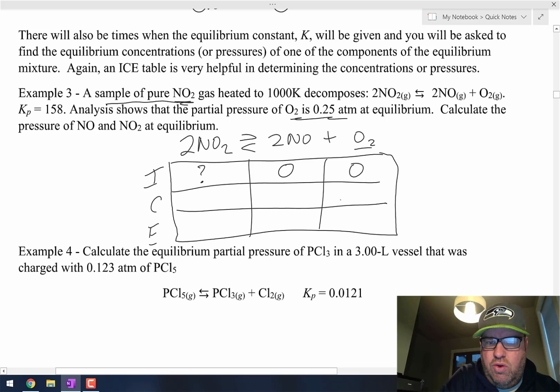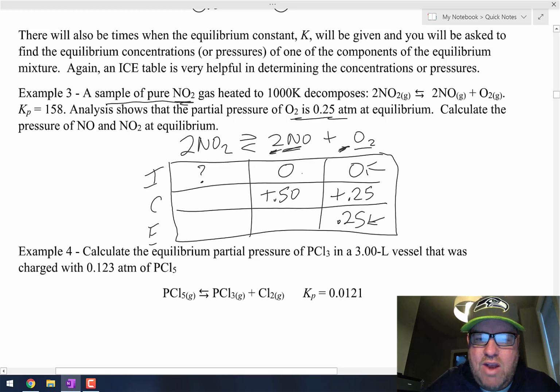So O2 at equilibrium is 0.25, which means that it went up by 0.25 based on your initial and your equilibrium values. And if O2 went up by 0.25, then NO had to have gone up by, again, look at the stoichiometry, it's a 1-to-2 ratio. For every one of these, you get 2 of these.